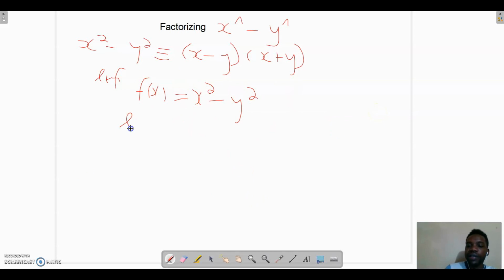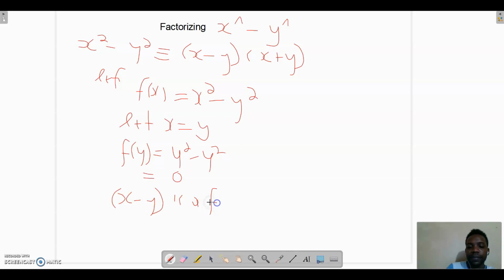If I let x equal y, I would have f of y equal to y squared minus y squared, which is equal to 0. So if y is a root, then I know that x minus y is a factor. And if we have one factor, we can obtain a second factor by doing long division.